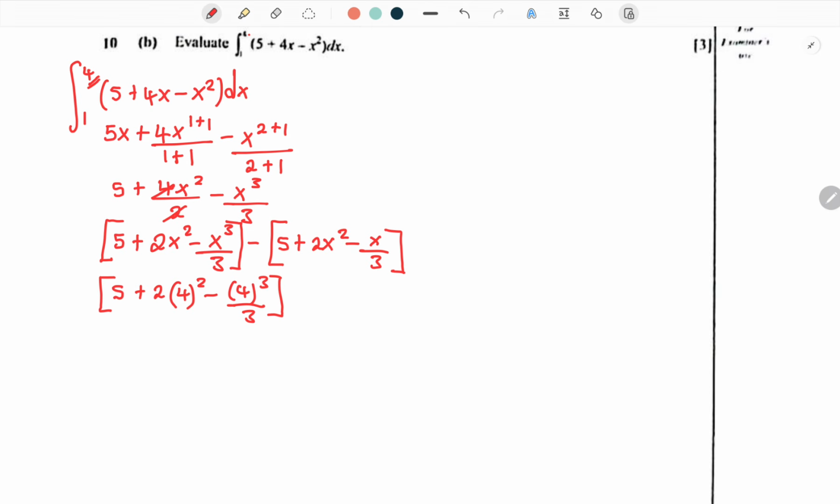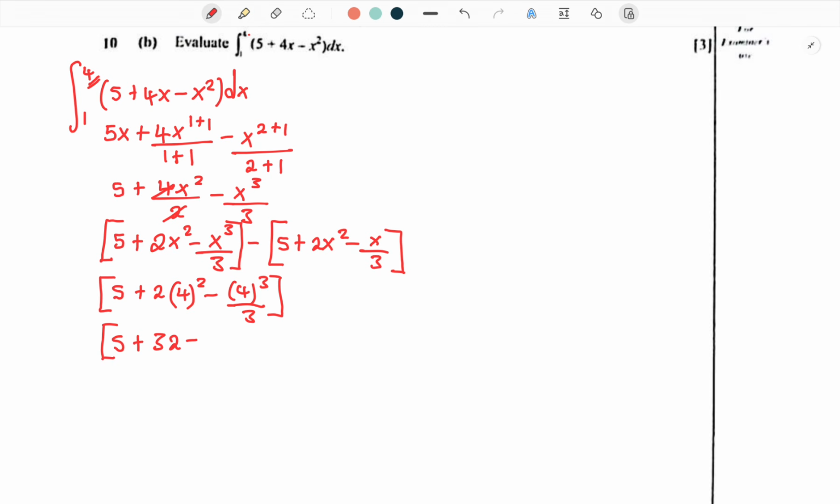So let's see what we are getting when we do our thing. Notice that we are going to get 5 plus, this is like 16, 16 multiplied by 2, it's 32, minus, then this is going to be 4 to the power 3 divided by 3.